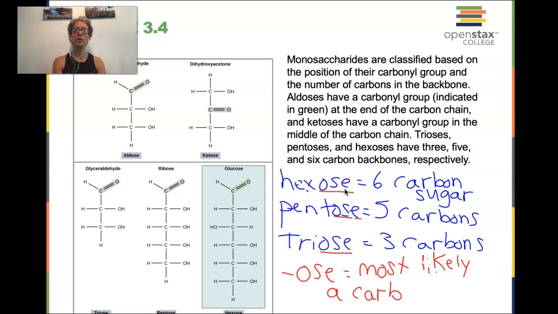So a hexose, a 6-carbon sugar, because hex is the prefix that means 6. A pentose is 5 carbons. A triose is 3 carbons. We don't have diose. We have disaccharides, not diose, and you can blame the chemists for that naming system. So the ose is, most likely, a carbohydrate.